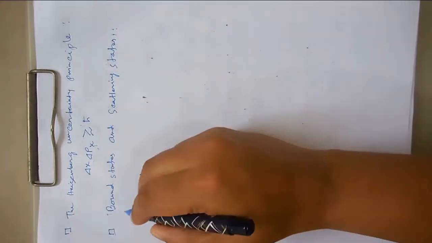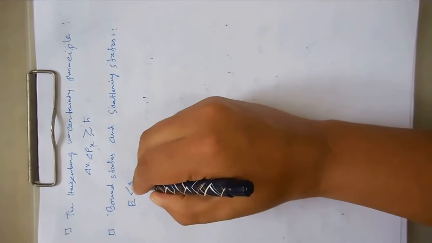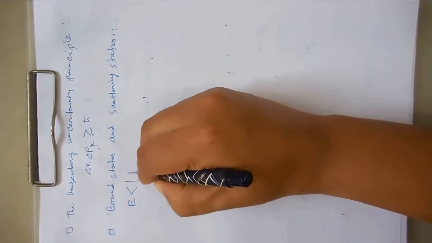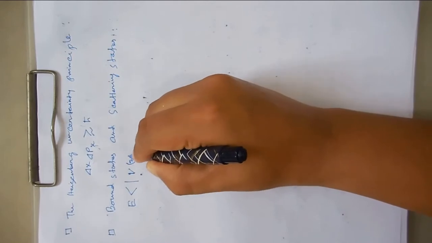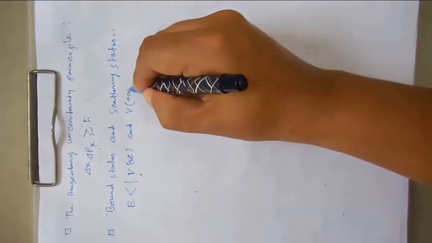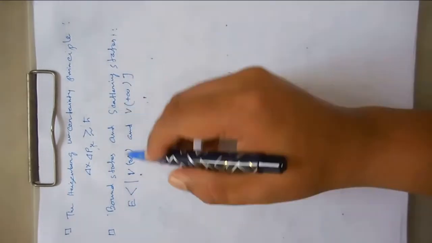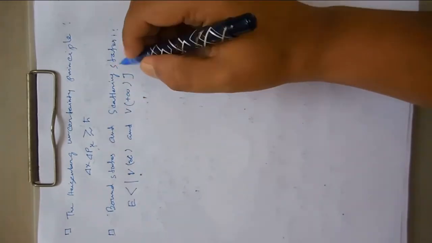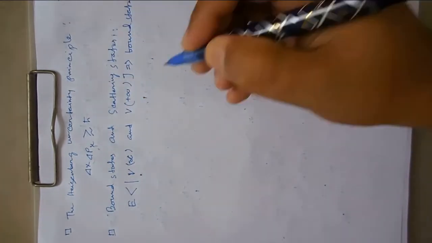Suppose the energy E is precisely defined, and suppose the potential V goes to minus infinity and plus infinity. If E is less than this potential barrier, then we call them bound states.